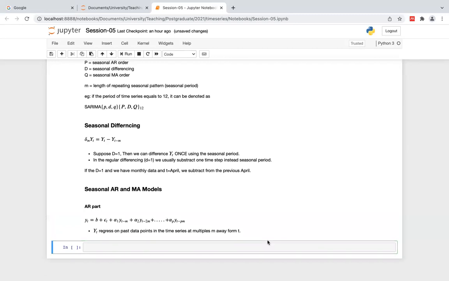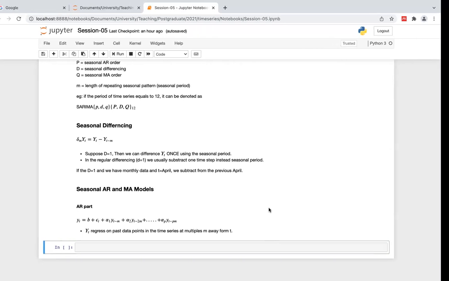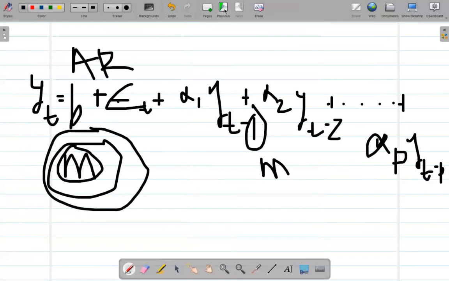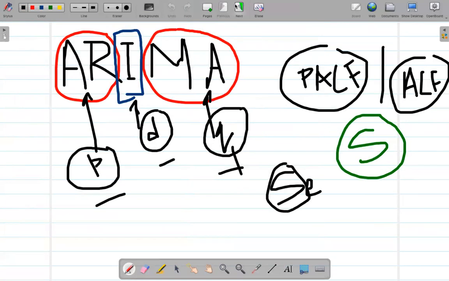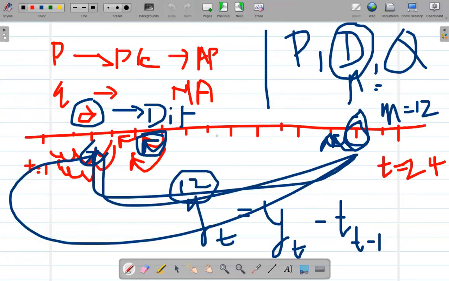In the autoregressive part, you know that it depends on the past data point, right? But the way of identifying the past data point differs between the normal ARIMA and this SARIMA model. In the normal ARIMA model, how do we identify the previous timestamp or time point? Just this previous data point, right?